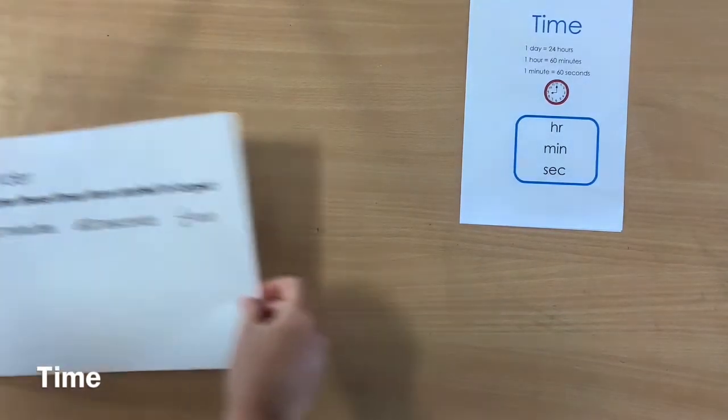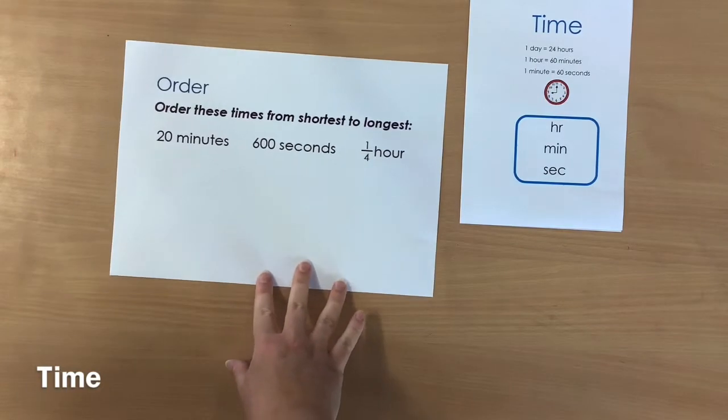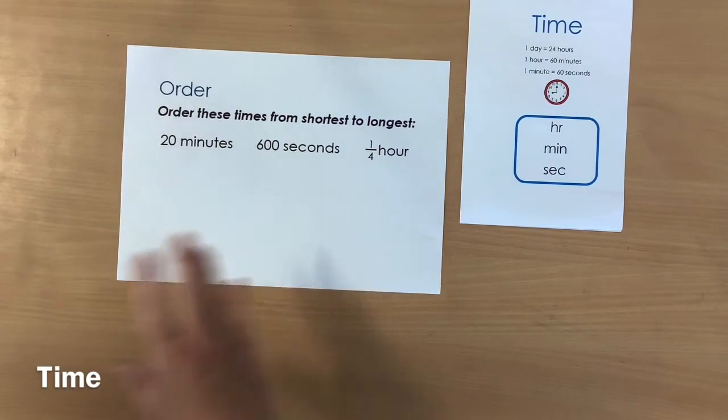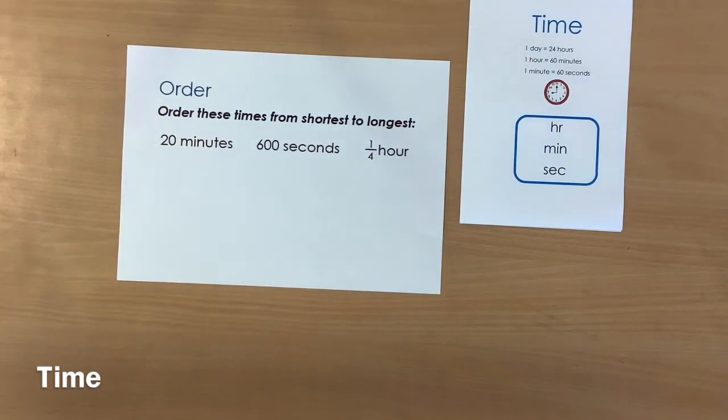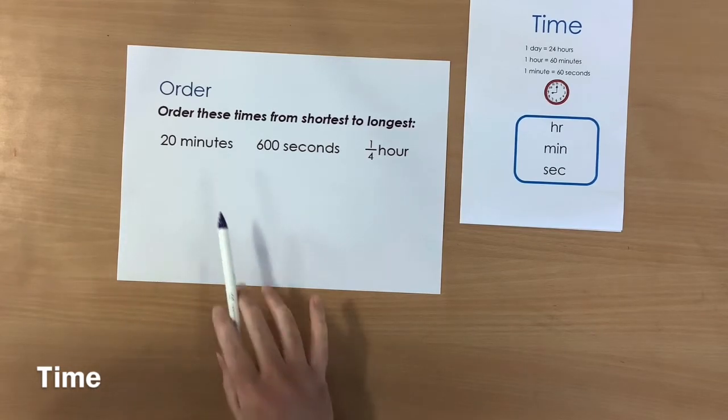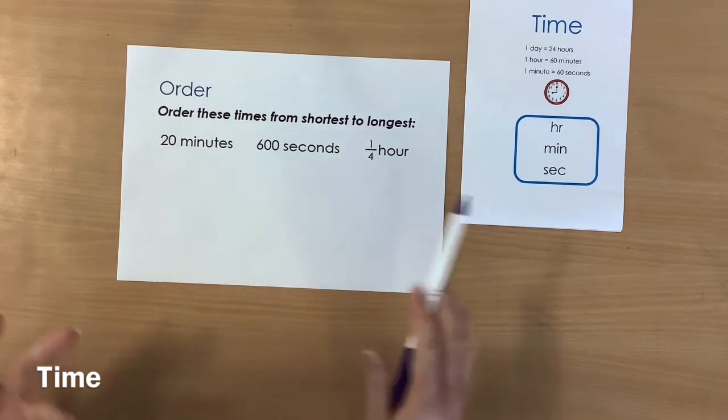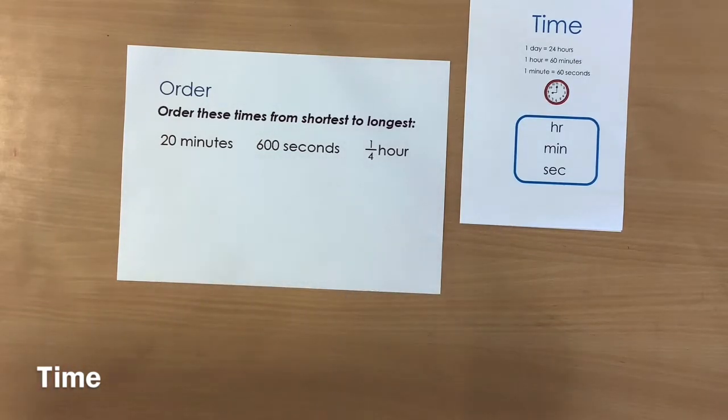We're going to start off by going through a few examples together before setting you off on your own tasks. Here I'm asked to order these times from shortest to longest. I've got 20 minutes, 600 seconds and a quarter of an hour. The first thing I notice is that I'm working in 3 different measurements: minutes, seconds, hours.